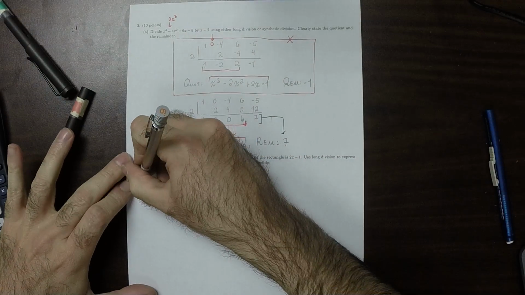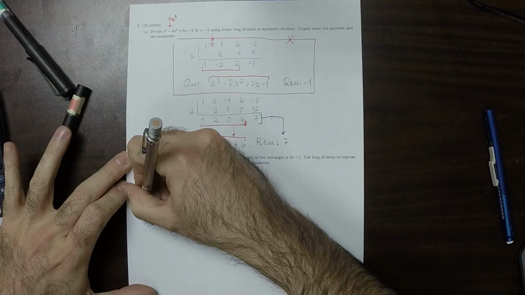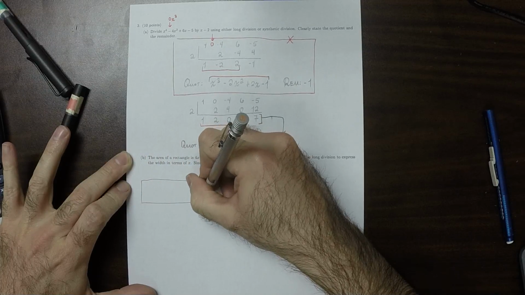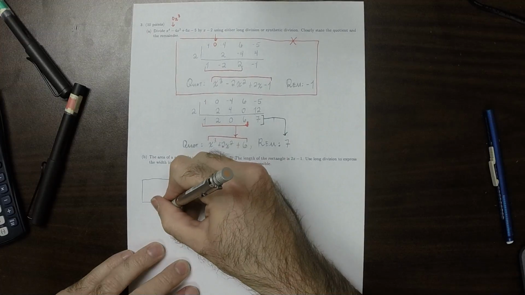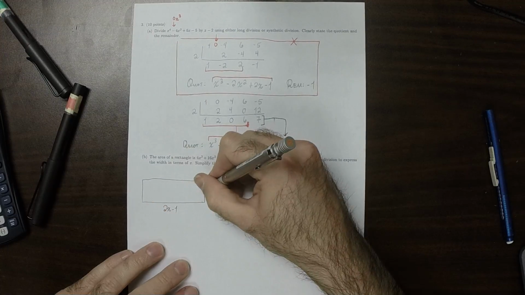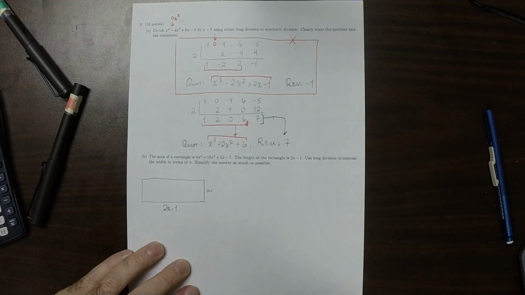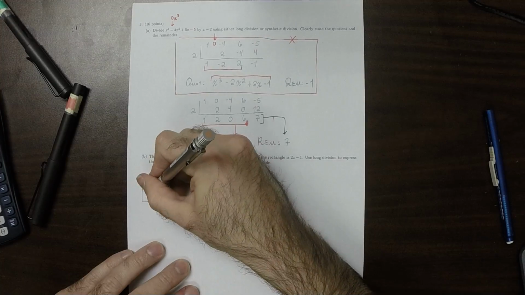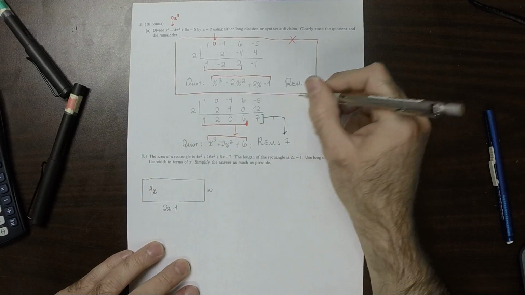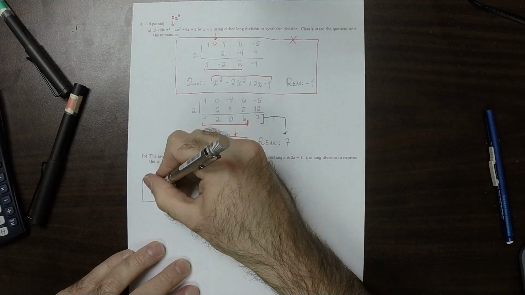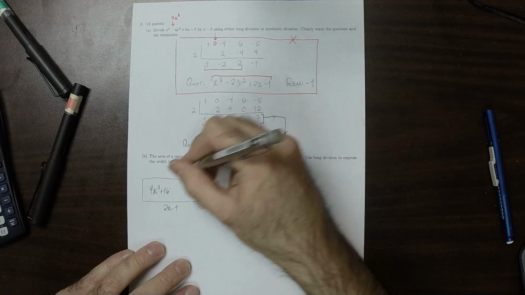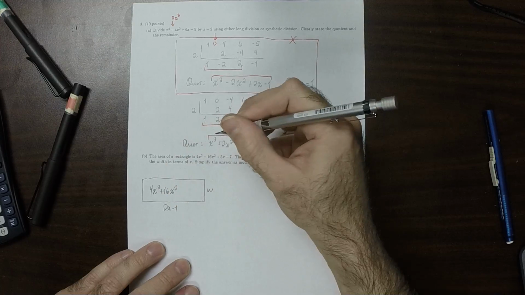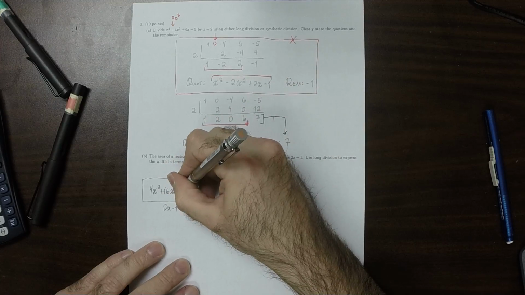So we have a rectangle whose length is 2x minus 1, the width is unknown, w, and the area, the product of those two, is 4x cubed plus 16x squared plus 5x minus 7.